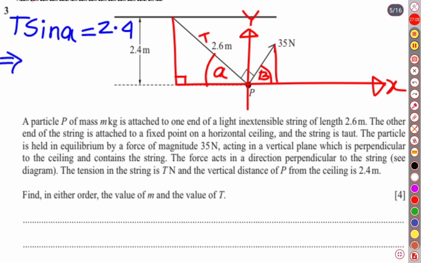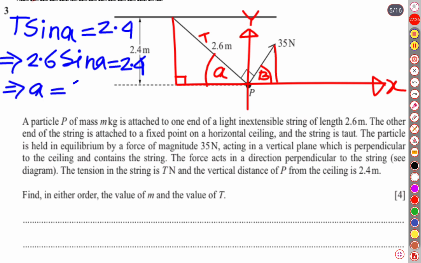So 2.6 sine alpha is equal to 2.4, or alpha is sine inverse of 2.4 divided by 2.6.